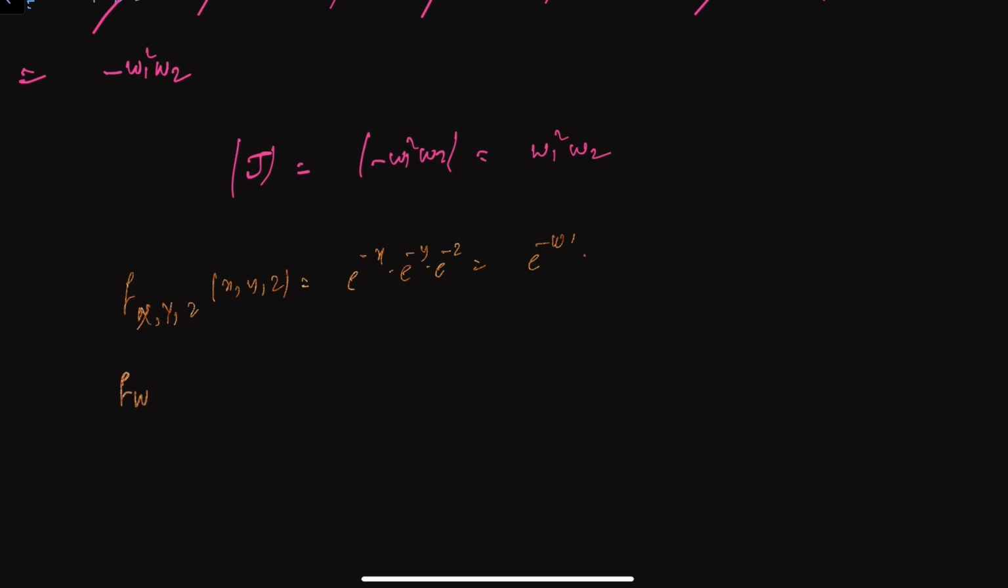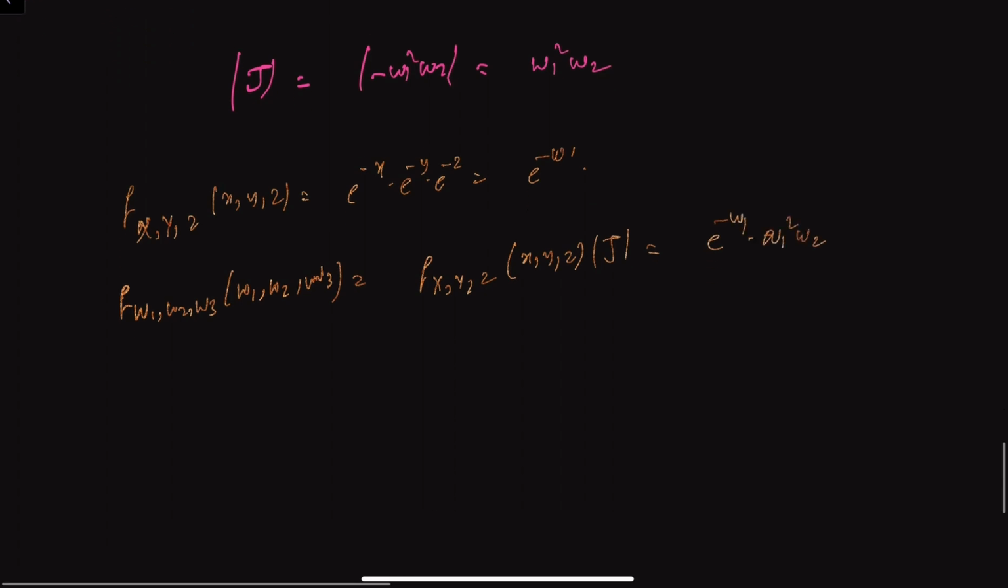Now if we have to find f_W1W2W3 of w1, w2, w3, that is f_XYZ times the Jacobian. So that is e to the power minus w1 into w1 square w2, where w1 is greater than 0, 0 less than w2 less than 1, and 0 less than w3 less than 1, and 0 elsewhere.